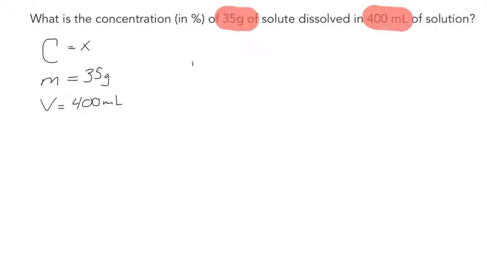We can either do C equals M divided by V, and after we've divided mass by volume, we have to multiply by 100% to turn it into a percentage. Or we can set up a cross multiplication, knowing that our concentration X over 100 is going to equal our mass over our volume.